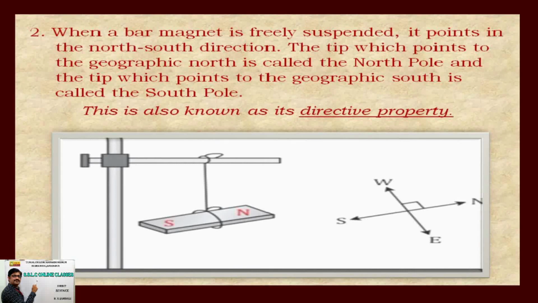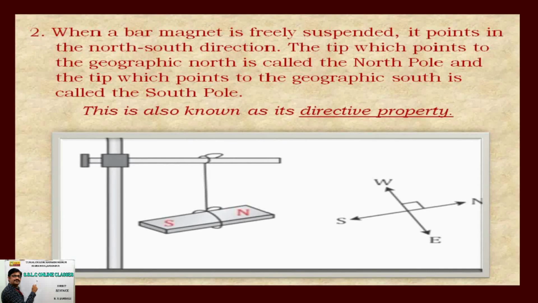So the second property of the magnet is as follows. When a bar magnet is suspended freely, in this picture we are taking the bar magnet which is connected to a stand and suspended freely. On the other hand, we have the directions north, south, west and east respectively.